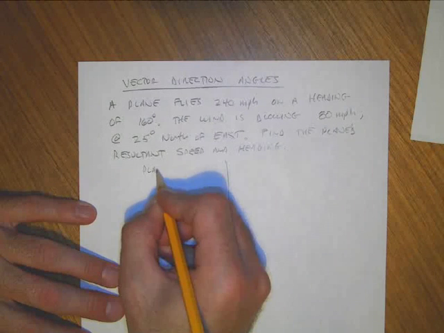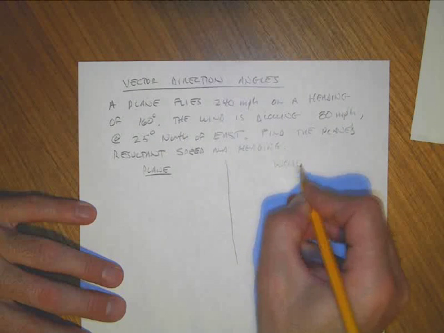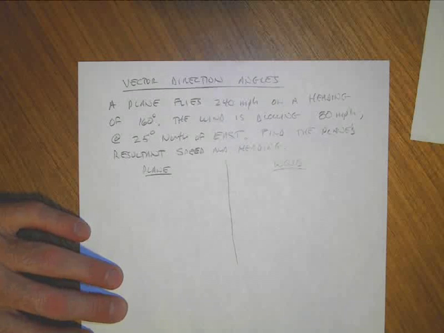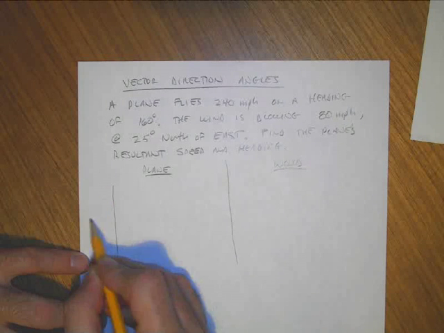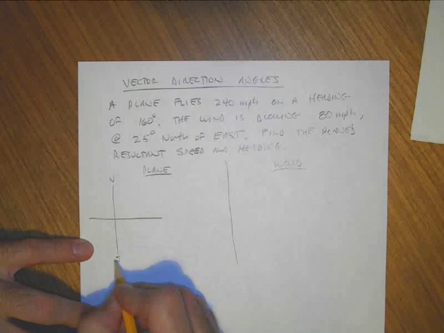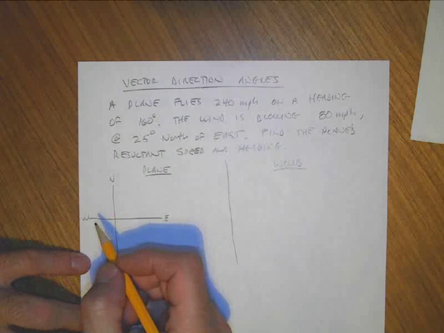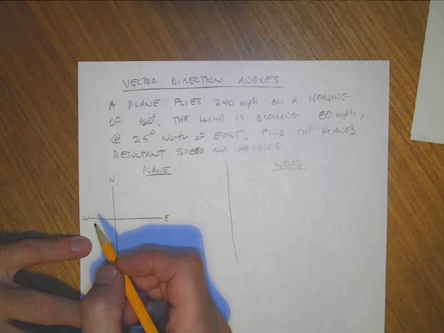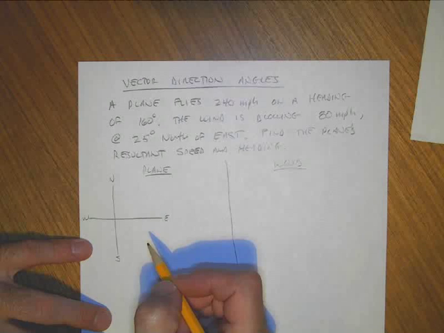Let's do the plane on this side, and we'll do the wind on this side. So I'm going to draw my coordinate system, and I know this is north, south, east, and west. And we know that the plane flies 240 miles per hour on a heading of 160 degrees.